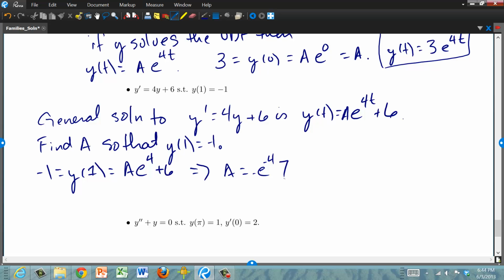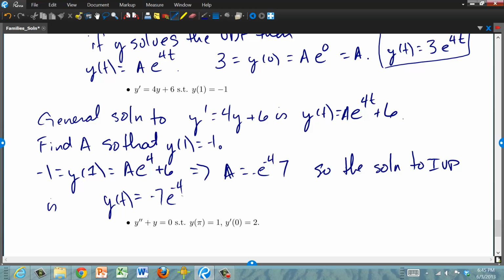Okay, that's a strange way to write it, but that's correct. Okay, so the solution to the IVP is y of t equals this a, so -7e to the -4 times e to the 4t plus 6. And you could definitely simplify that if you liked, but you don't really need to.